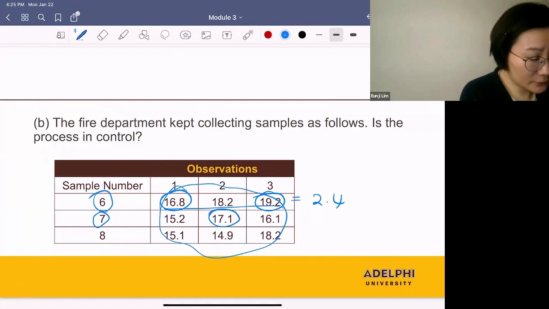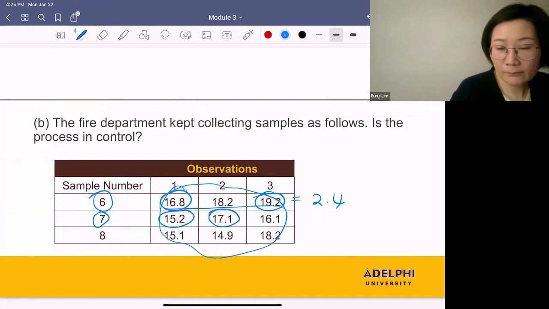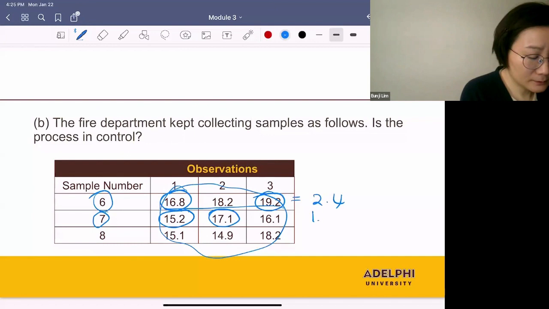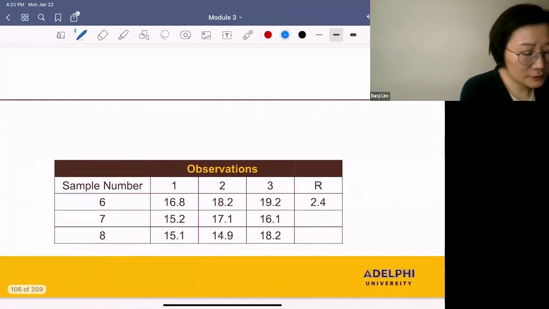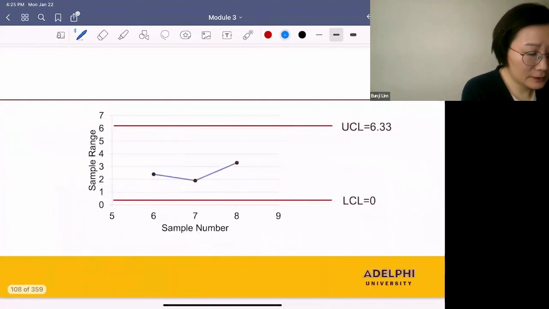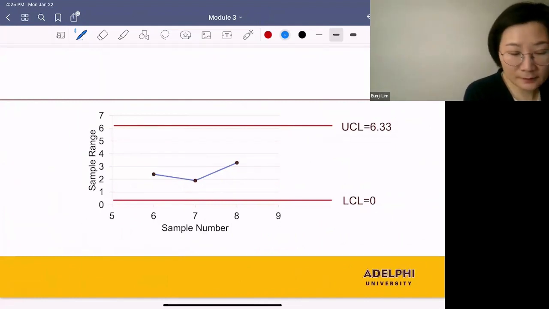The largest value minus the smallest value, 1.9. And the largest value minus the smallest value, 3.3. Okay, so we can plot this on the R chart. For sample number 6, the sample range is 2.4. For 7, 1.9. For 8, it's 3.3.